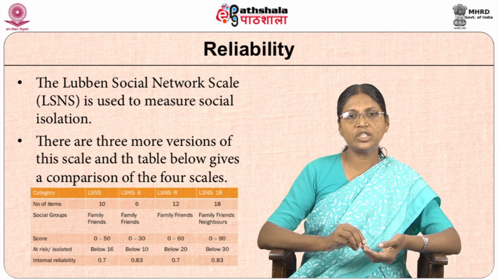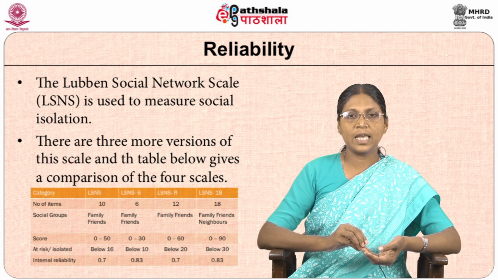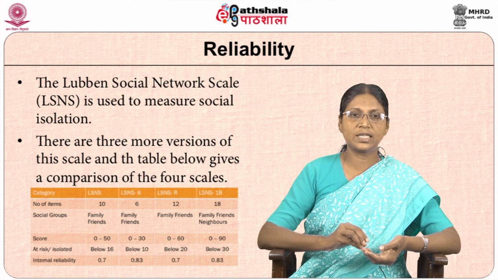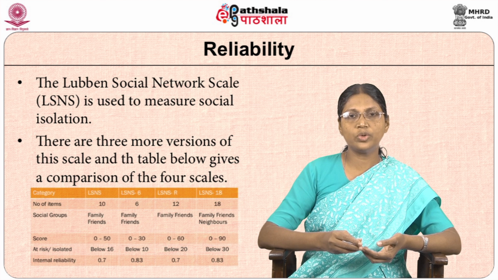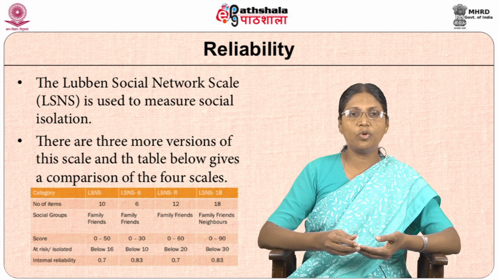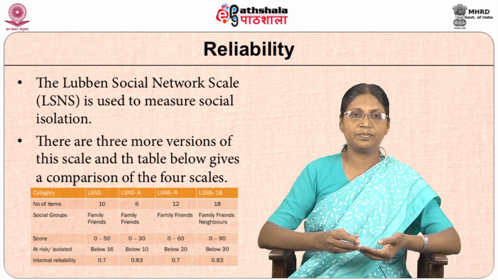Since we are interested in social isolation, we could use the Lubben Social Network Scale as one of our tools. There are 3 versions of the Lubben scale in addition to the original scale, LSNS, which has 10 items. Table 1 on your screen shows a comparison of the 4 variations of this scale.